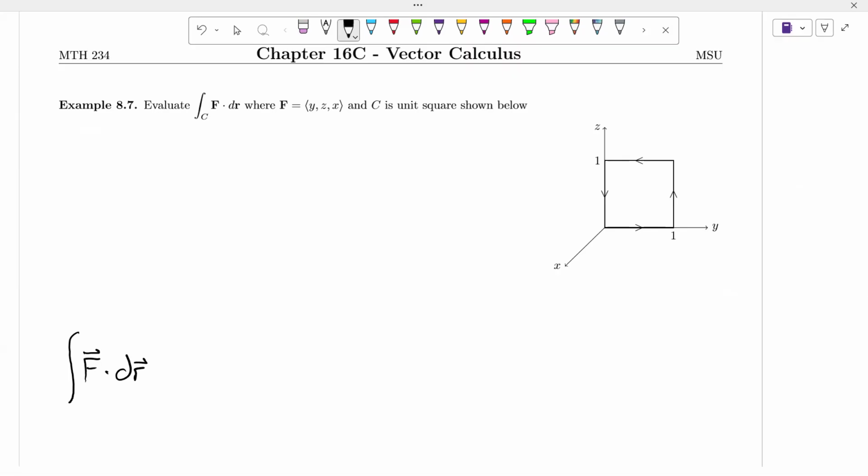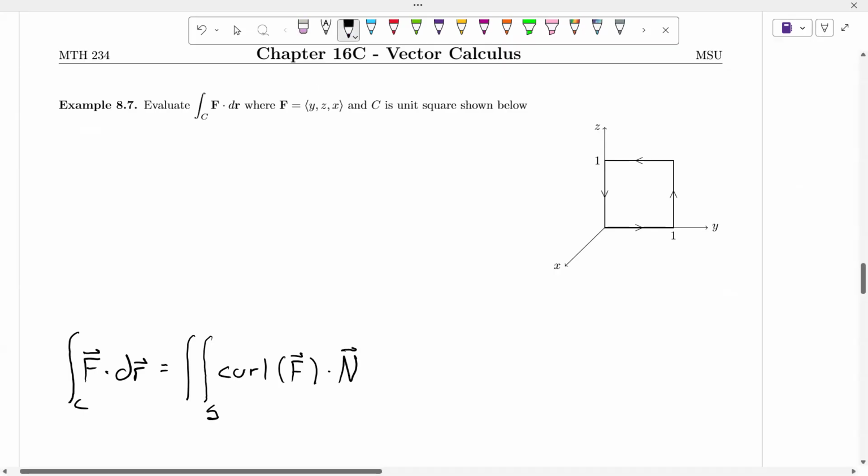F dot dr over C, Stokes' theorem tells us, is a surface integral of curl F dotted with n dS.